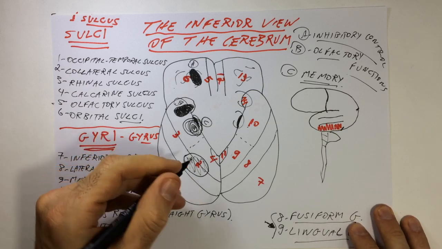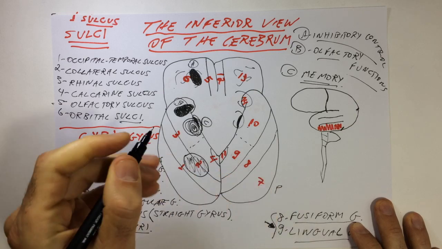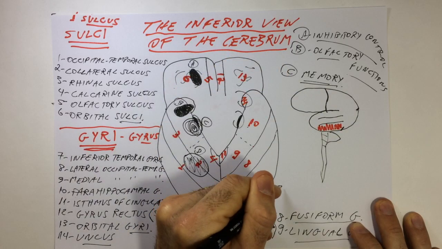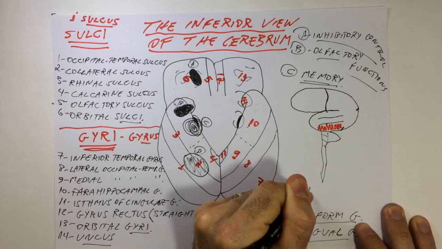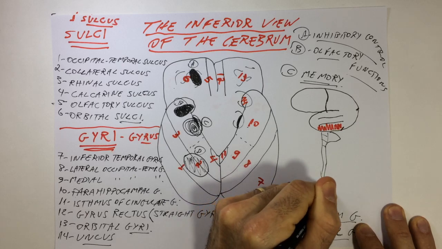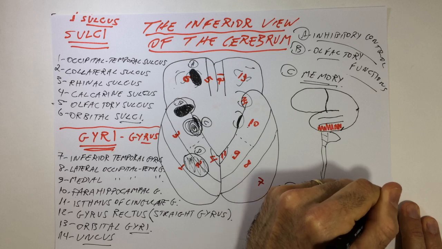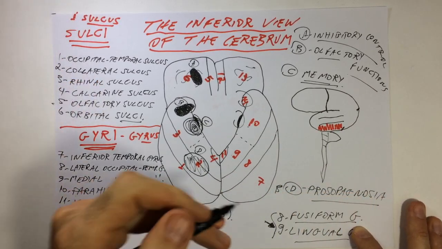So, for example, there is a condition called prosopagnosia. So that would be D. Prosopagnosia.